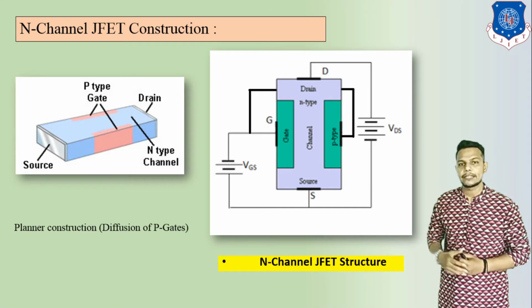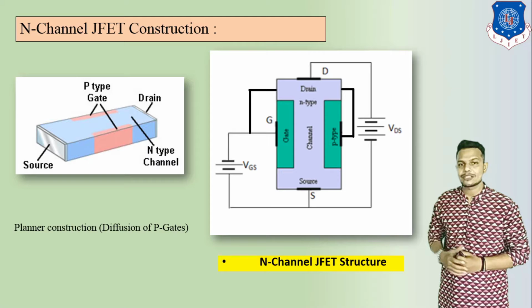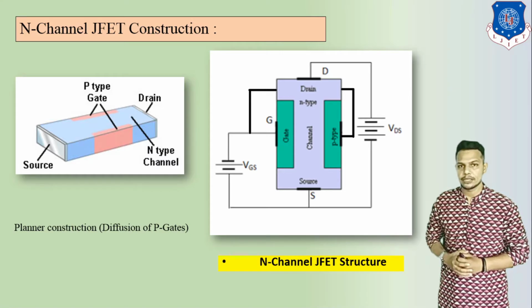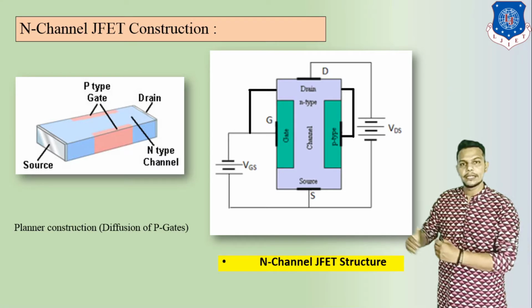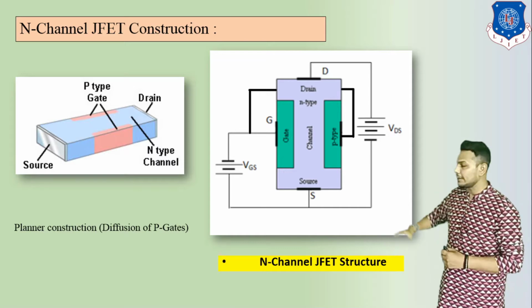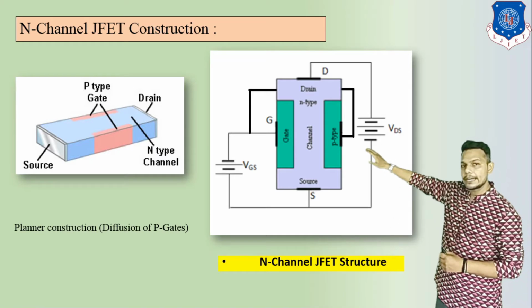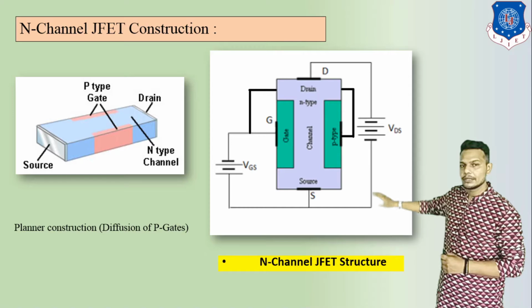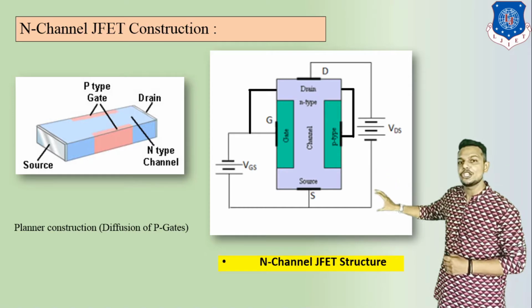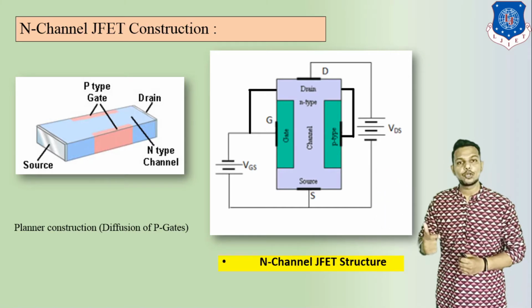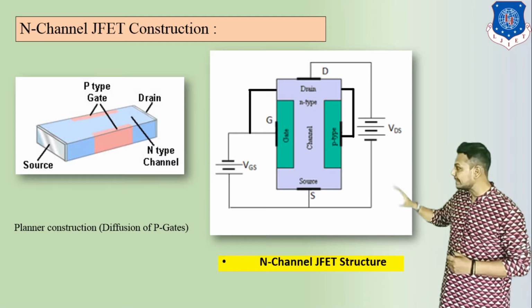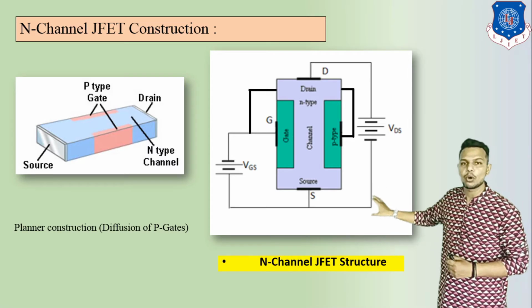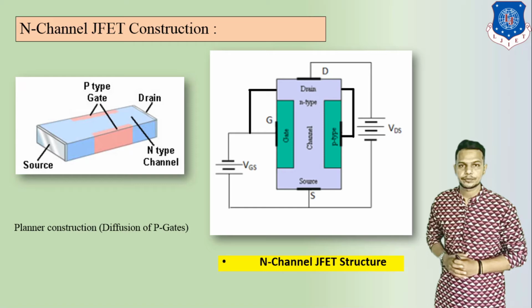Obviously we have to connect two batteries because there are three different terminals. It is similar to the BJT, right? So here we can see gate and source are connected with the VGS, which is known as gate to source voltage, and that is our main input voltage in this construction.